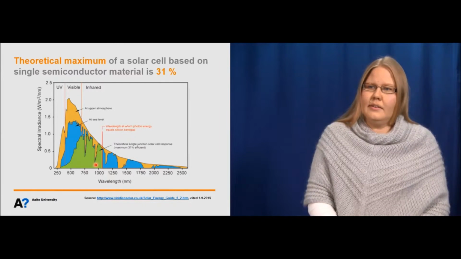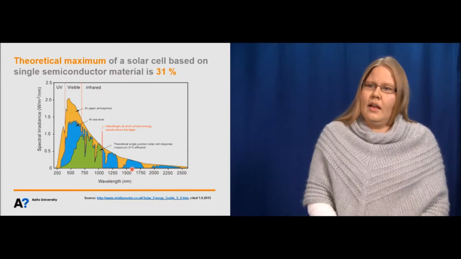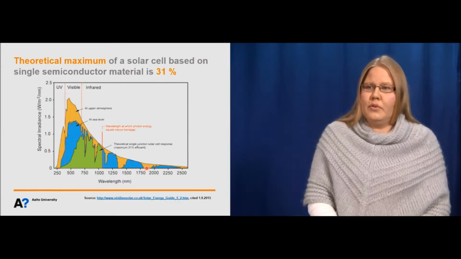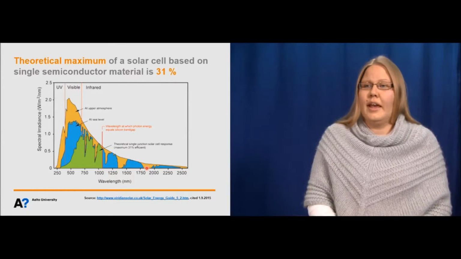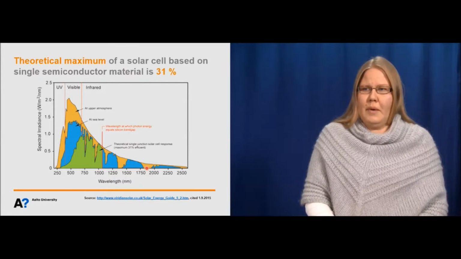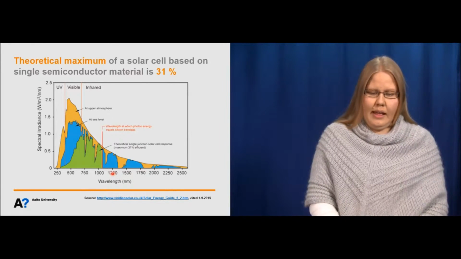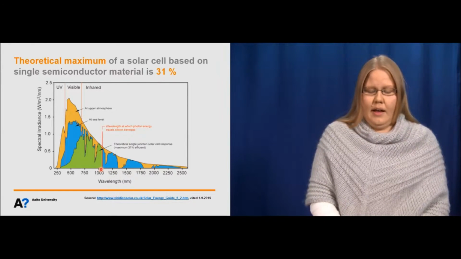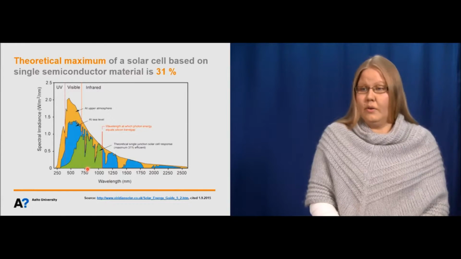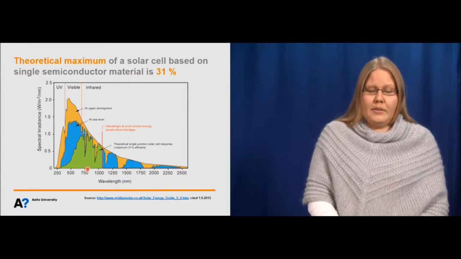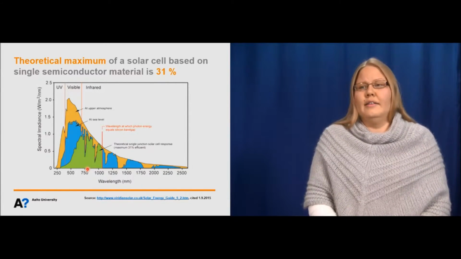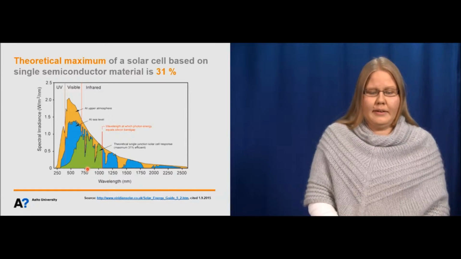So in these wavelengths, the energy of the photon is so small that we cannot anymore go over the band gap. And in these cases, the energy is high enough to go over the band gap, but we can only harvest the amount of energy defined by the band gap.